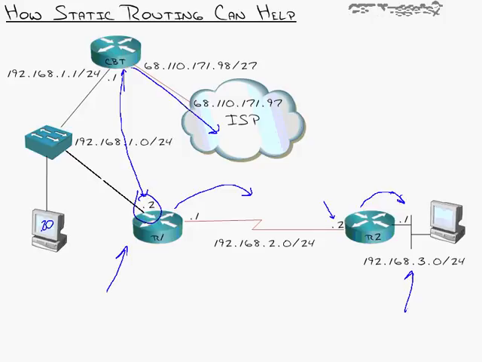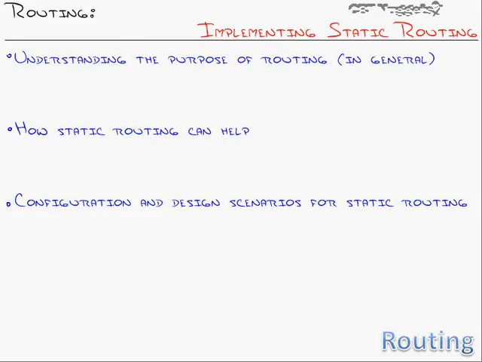But for now, we've seen some pretty cool static routing scenarios. Let's wrap this one up. We saw implementing static routing by first understanding the purpose of routing in general. It's to move packets between networks reliably, and the router must know about those networks in order for it to do routing. We then saw how static routing can help.